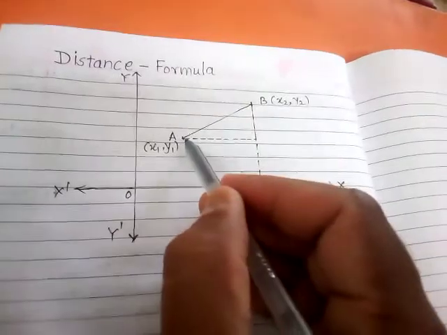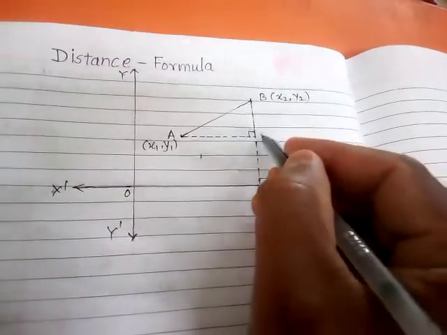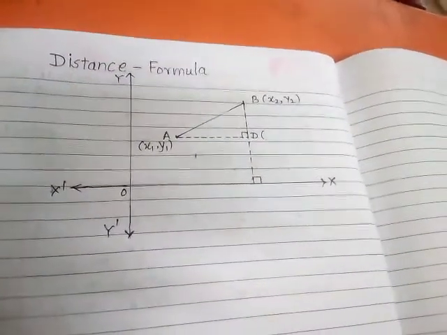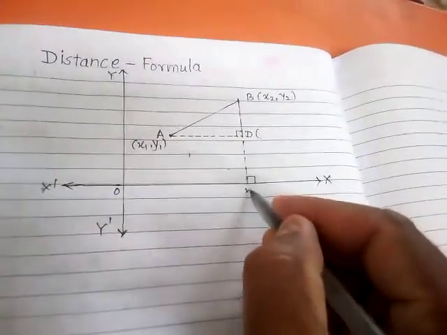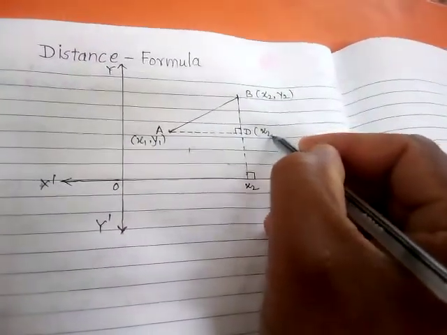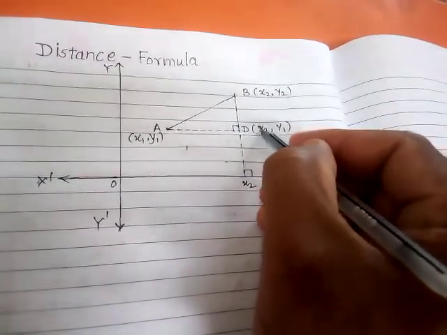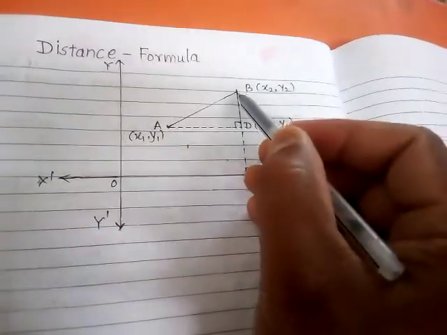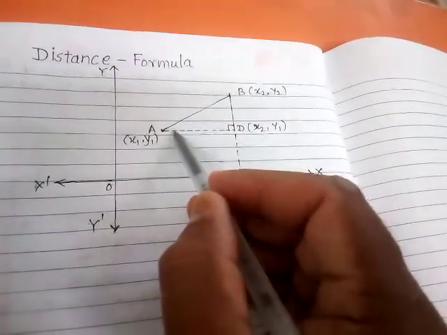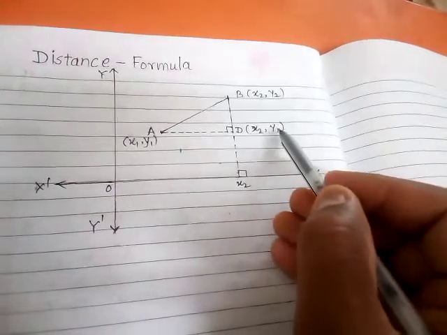Next we draw a perpendicular from point A to the newly drawn line, which intersects at a point, suppose D. We have to calculate the coordinate of point D. The perpendicular from B intersects at x2. From point A we draw a perpendicular that intersects at point D. The coordinate of D is x2, y1.